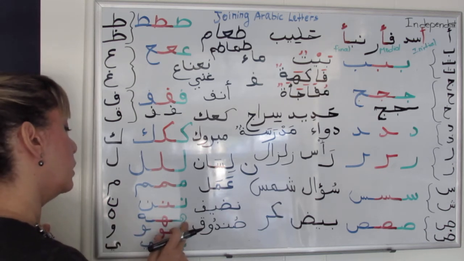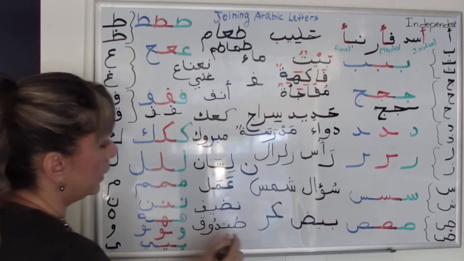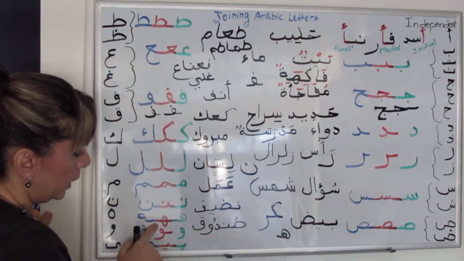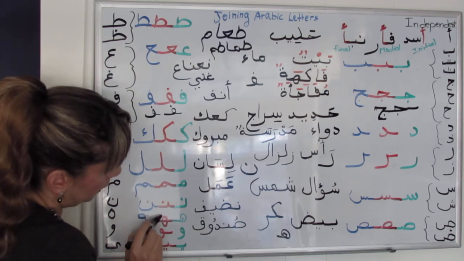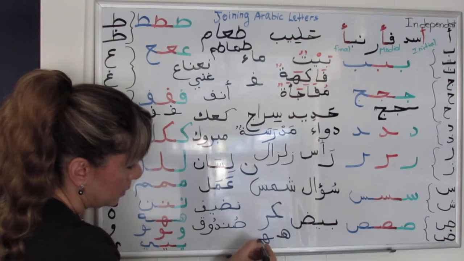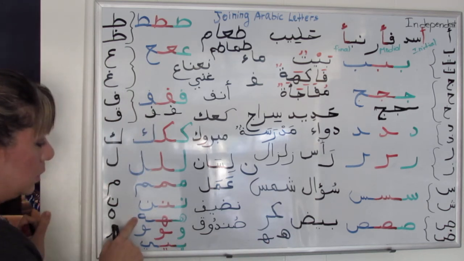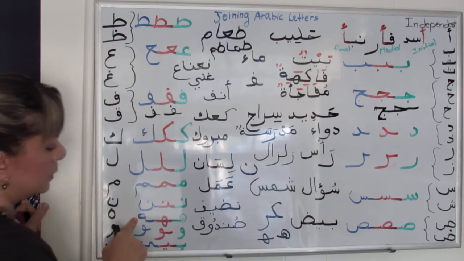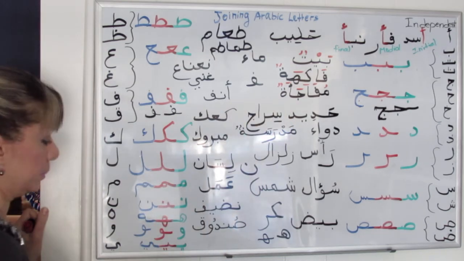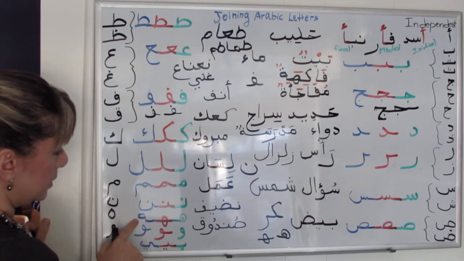Here, ha will be written this way, in the beginning like this, in the middle this way, it's like butterfly wings like this, and in the final form it looks exactly like ta marbuta, the tied ta, but without dots, like this.